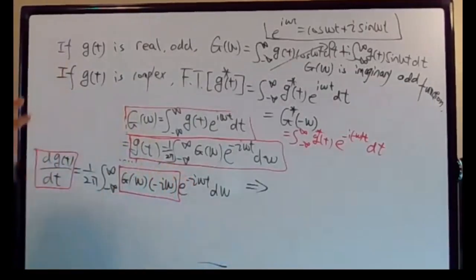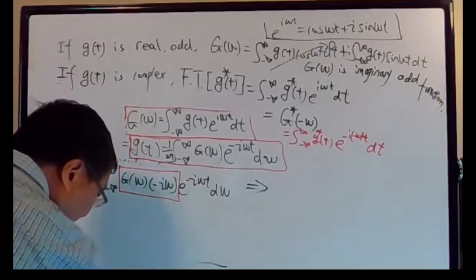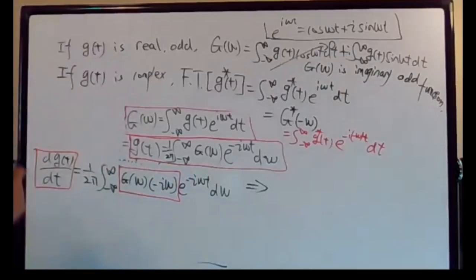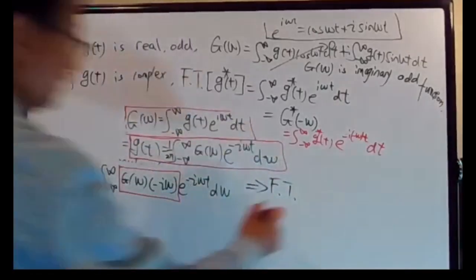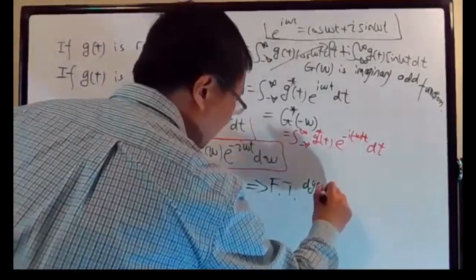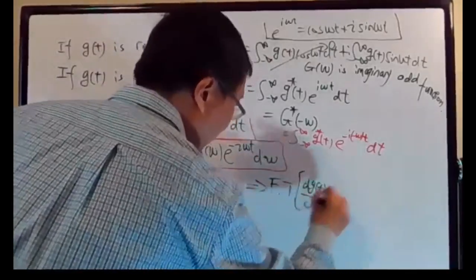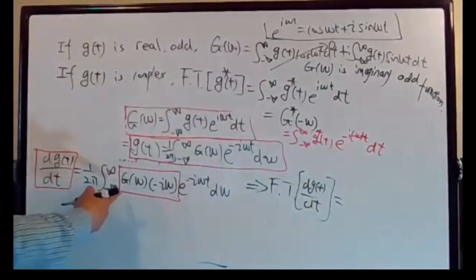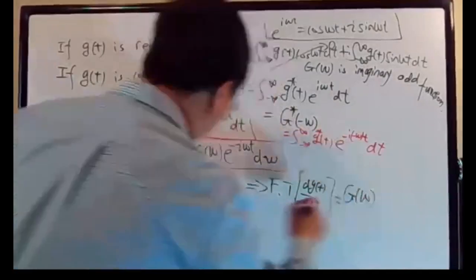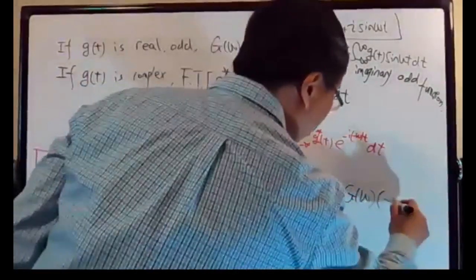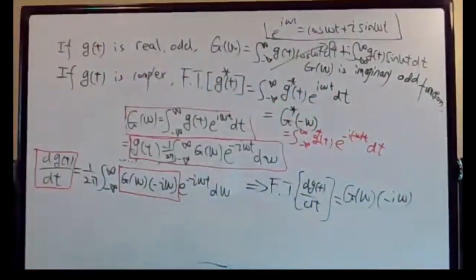So this equation follows the inverse Fourier transform, and we can conclude that the Fourier transform of the time domain dg(t)/dt is this red box, that is capital G(omega) and the negative i omega.